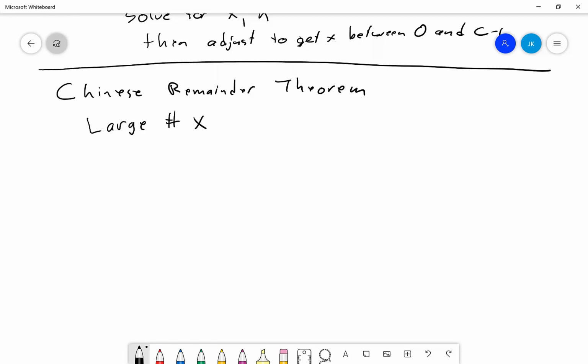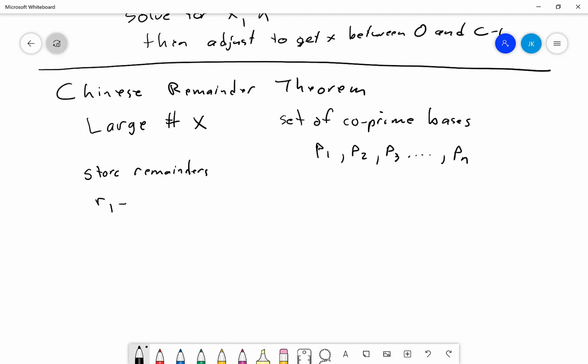For the large number x, we use a set of co-prime bases, P1, P2, P3, however many we want. Typically these are just plain old primes, but the only real restriction is that they're co-prime. This lets us represent numbers as big as the product of P1 to Pn, multiplying them all together. And what we will do is store the remainders.